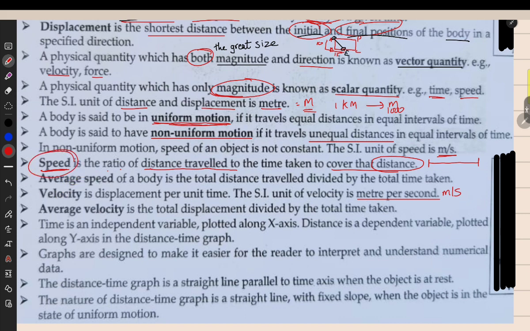If the speed decreases, the time will be more, and the distance covered will be less.